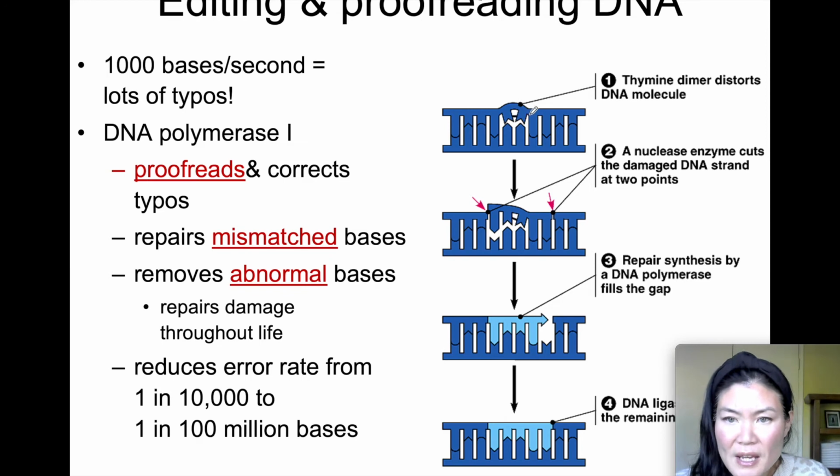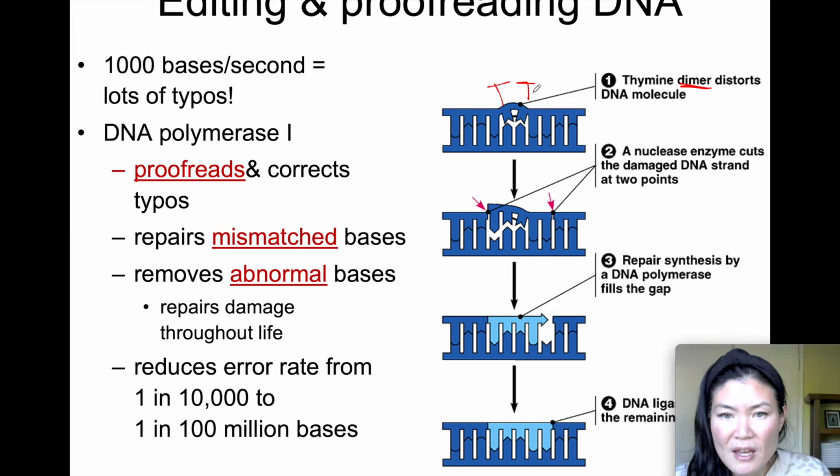Okay, so let's say that, in this picture here, this molecular structure of thymine is that it can form a dimer, meaning like it can bond with a neighboring thymine. So if this is thymine and thymine together side by side on the strand, they could actually form a covalent bond.